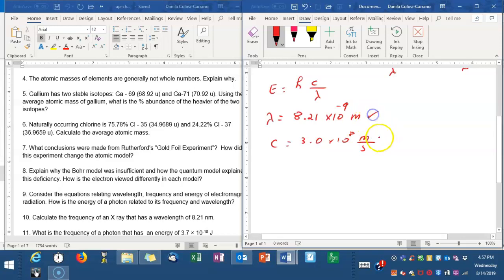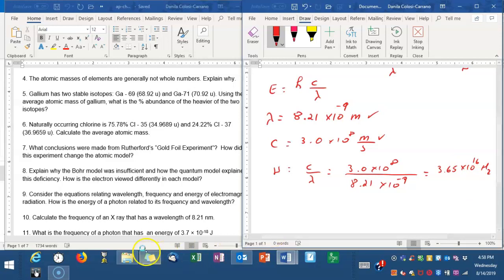So the frequency is c over lambda, which means 3.0 times 10 to the 8 meters per second over 8.21 times 10 to the negative 9 meters. Therefore, this number is going to be 3.65 times 10 to the 16 hertz.